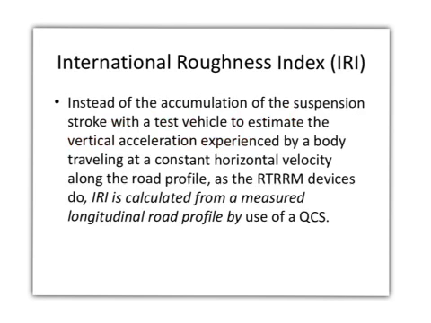And then instead of calculating the suspension stroke with a test vehicle, we estimate the vehicle acceleration, which is typically experienced by a body traveling at constant horizontal velocity along the road profile, such as the RT-RRM devices, which I'm going to explain later on. Now the IRI is calculated from a measured longitudinal road profile by the use of QCS. And what is QCS? We're going to learn this in the next slides.